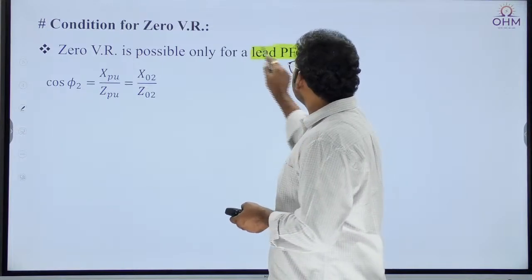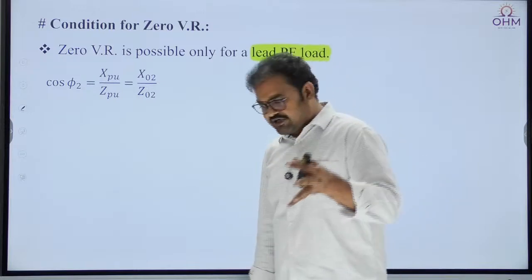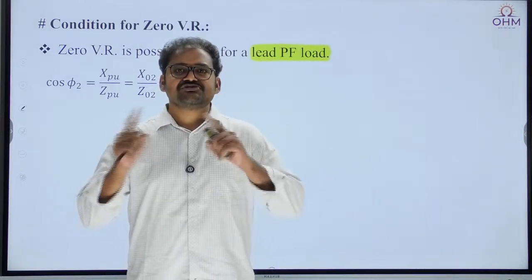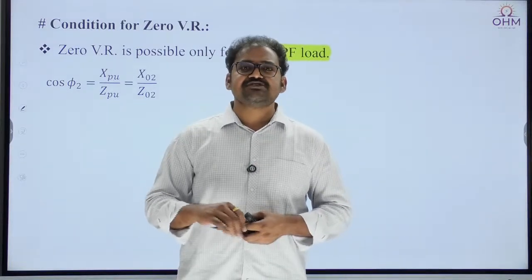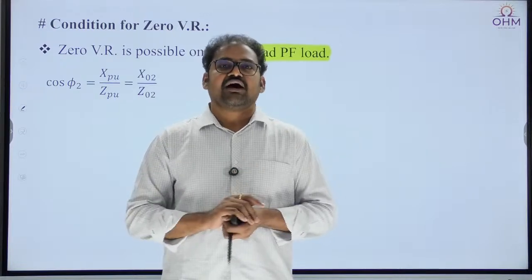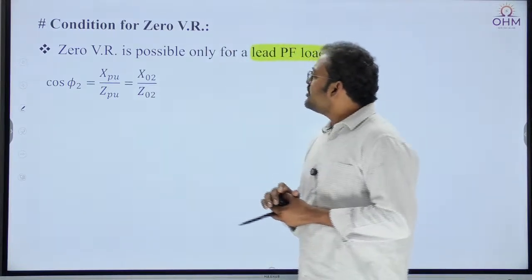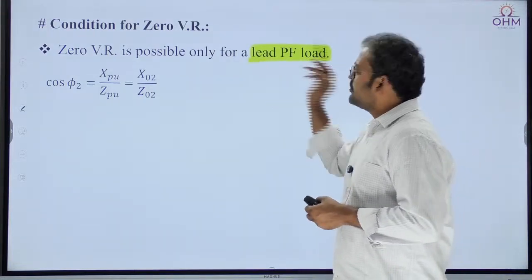What do we mean by zero regulation? Regulation means the change in voltage. Zero regulation means no change in voltage. No change in voltage means, can I say, voltage is a constant value from no load to full load? Yes, then only I must call it zero voltage regulation. Zero voltage regulation is possible only for a leading power factor load.